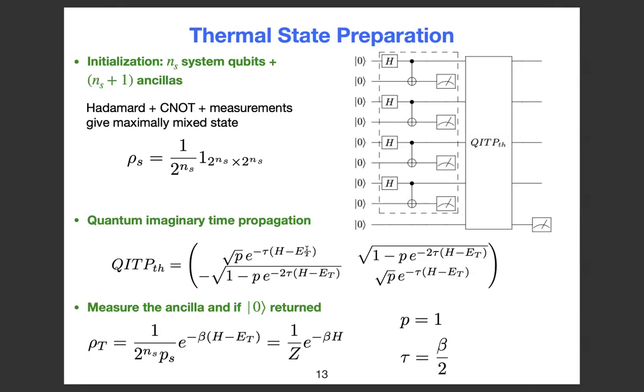After this joint unitary evolution, we measure the ancilla qubits. If the measurement returns 0, then we know the system is now in a thermal state given by this expression here. If the measurement of the ancilla qubit returns 1, that means the thermal state preparation fails and we need to restart from the beginning.